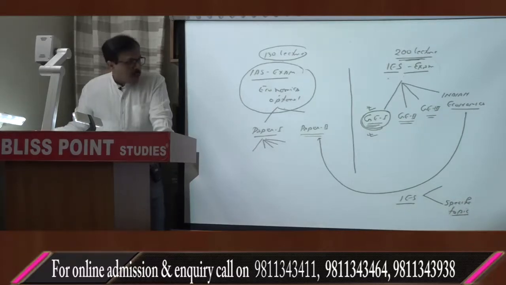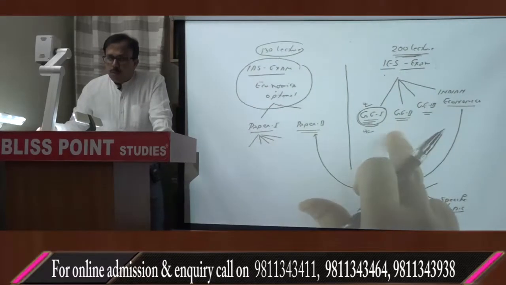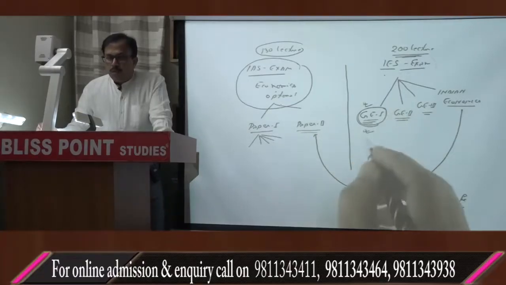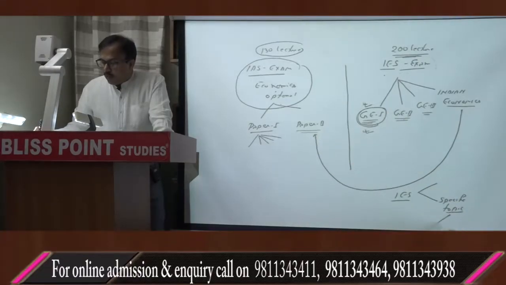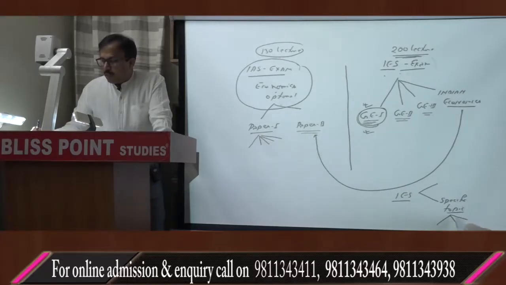That specific topic is mainly for Indian Economic Service only, which includes micro numerical, econometrics, environmental economics and general studies section. So combined, around 80 lectures will be there for the specific topic.